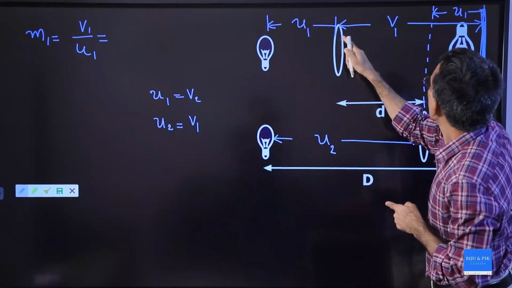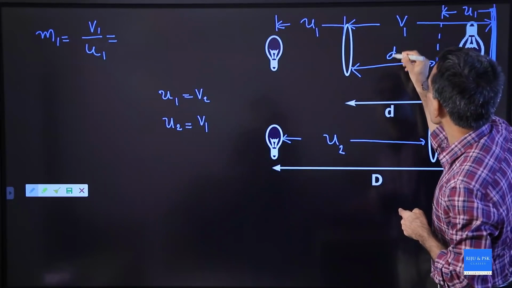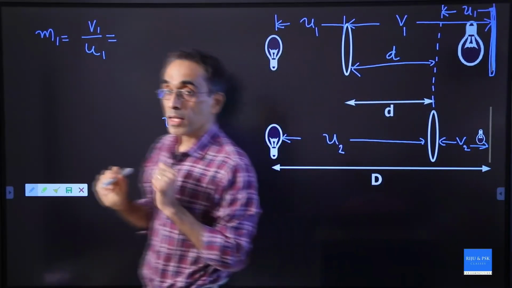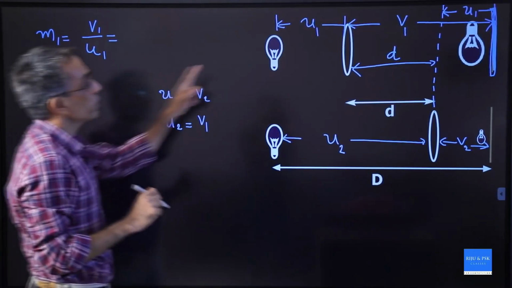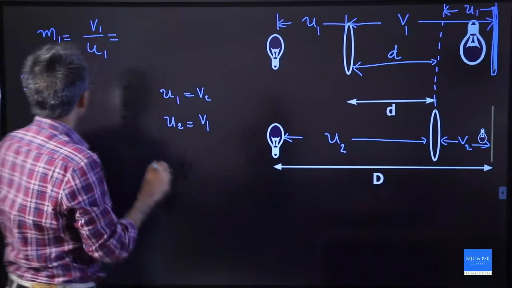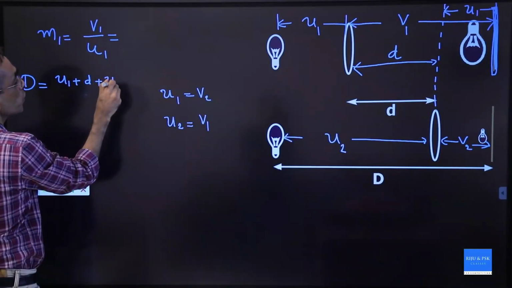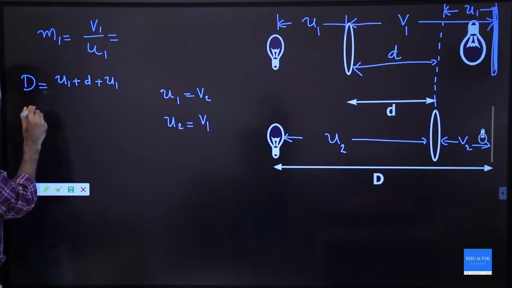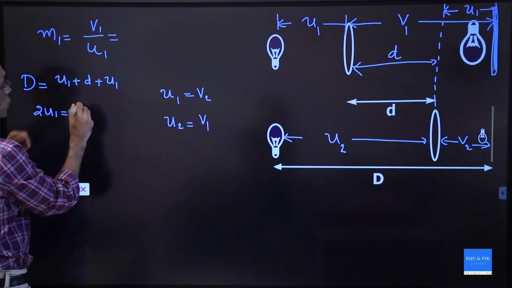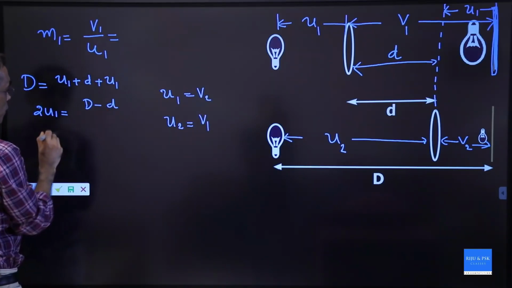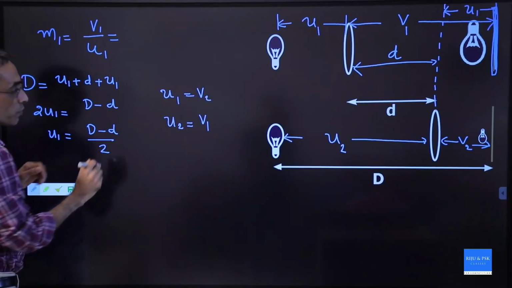So U1, here also U1, and this is the distance between the two positions of the lens, that is small d. Therefore, the total distance D is nothing but U1 plus d plus U1. From this we get 2U1 equals D minus d, or U1 is equal to (D minus d) divided by 2. First relation derived.